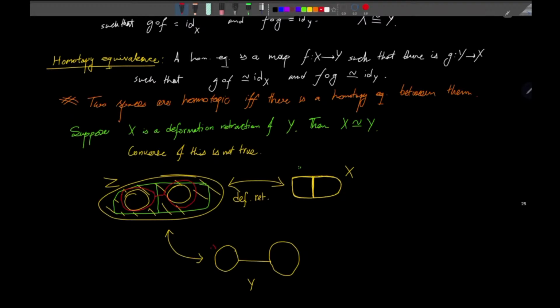So we know that X is homotopic to Z and is homotopic to Y. So we see that any two deformation retracts of the same space are homotopy equivalent, but you possibly for your life cannot find a deformation retract in either direction, from X to Y or from Y to X. It is just not possible. We have tried. It is not happening. But they are deformation retracts of the same space and therefore are homotopic, but there is no deformation retraction relation between them. So yeah, that is that.